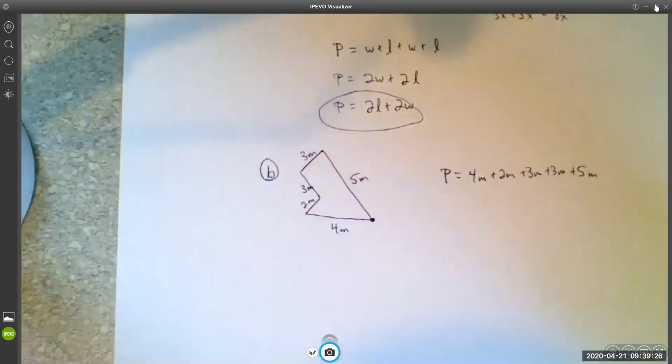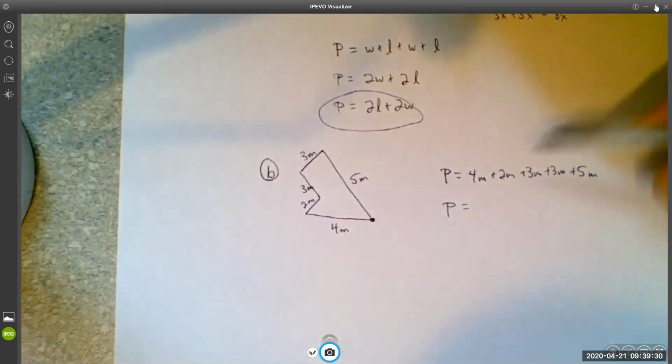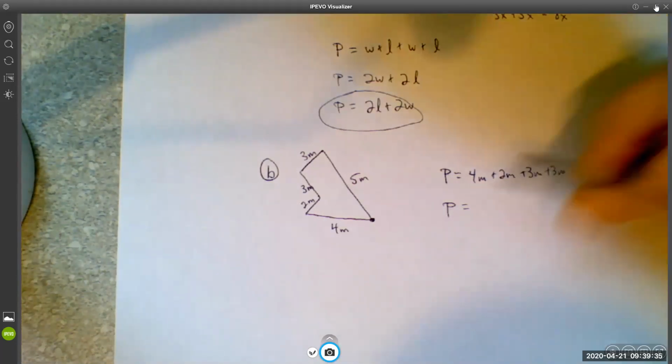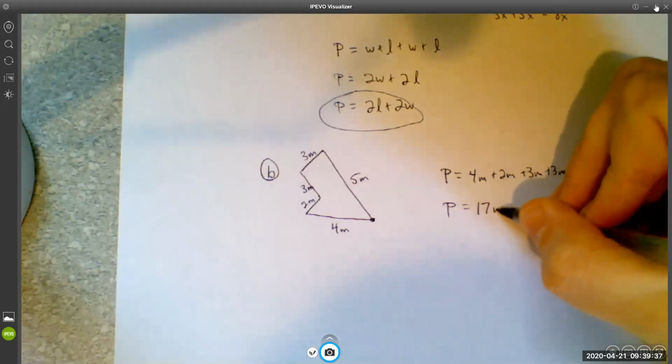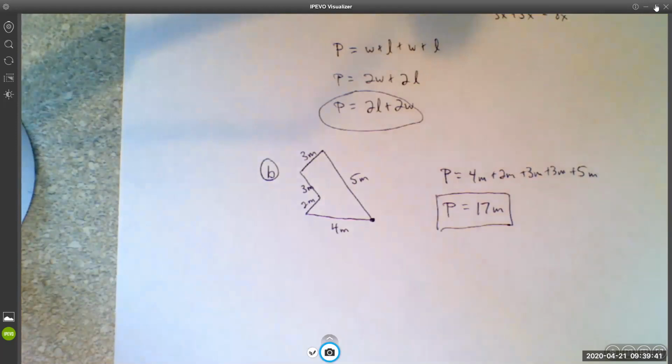So that's my perimeter. If I add all these things up, so 6, 9, 12, and 17, so 17 meters, right, is the perimeter of that shape.